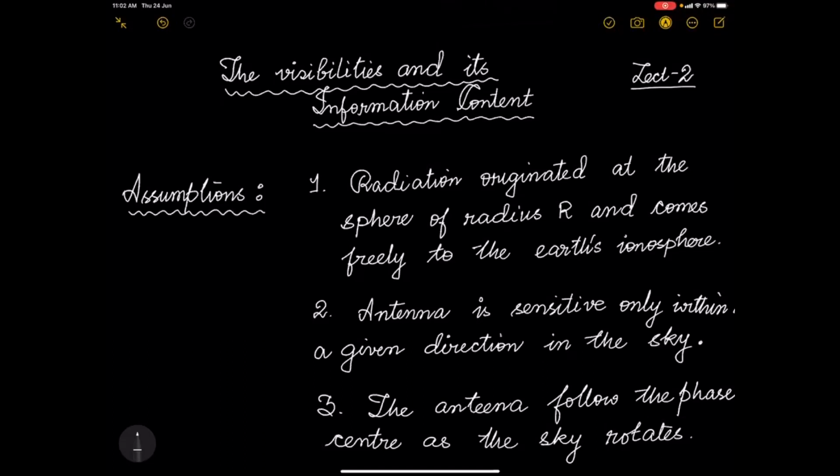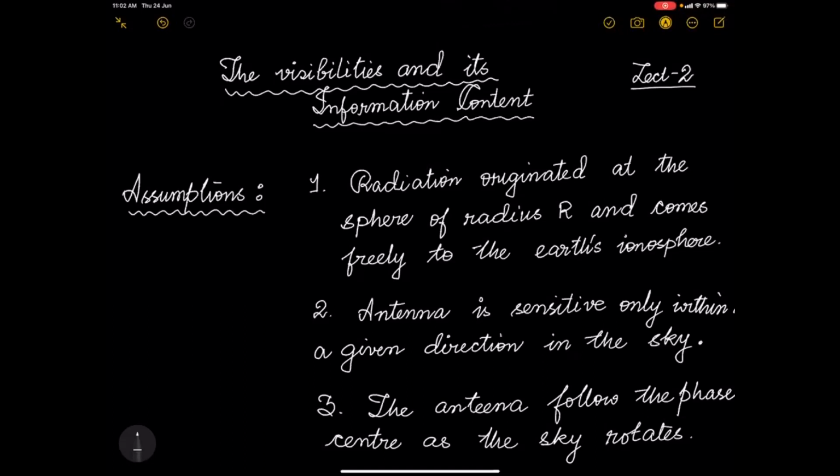We also assume that the antenna is not sensitive to the entire hemisphere of the sky of view. It is only sensitive to a given direction in the sky. And it follows that direction as the source rises and sets over the time of the day. It may not actually rise and set. Some of the sources remain all the time in the sky.